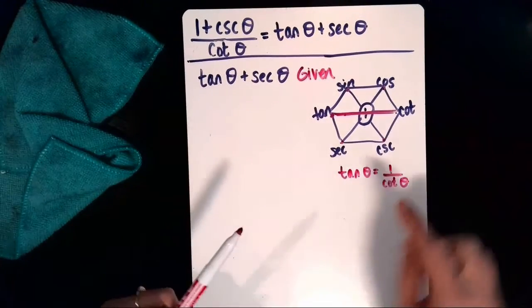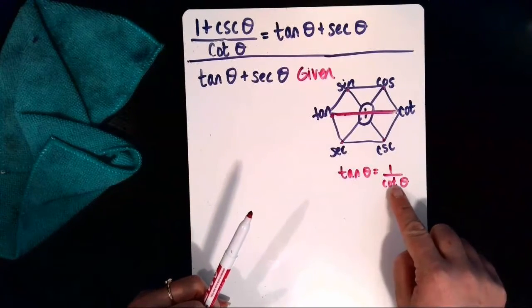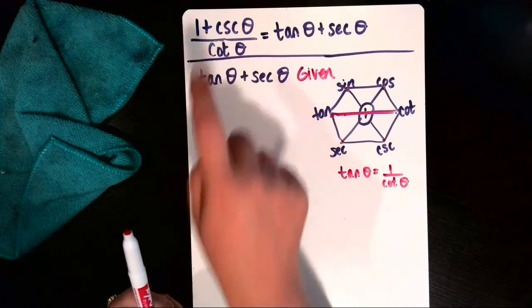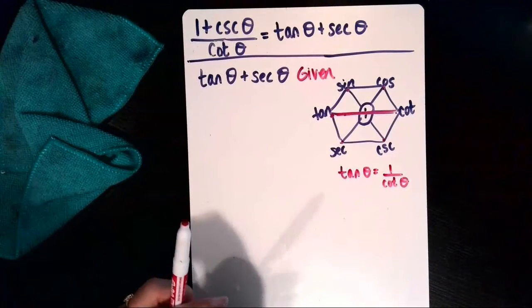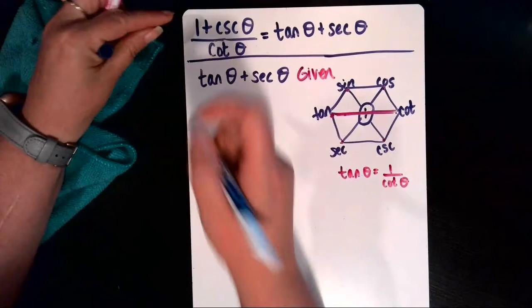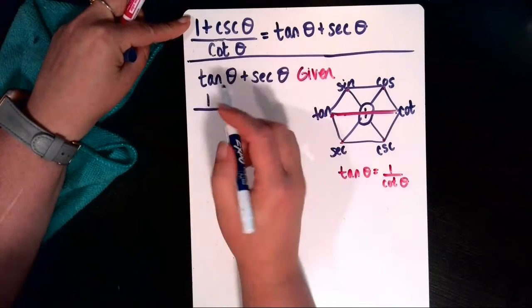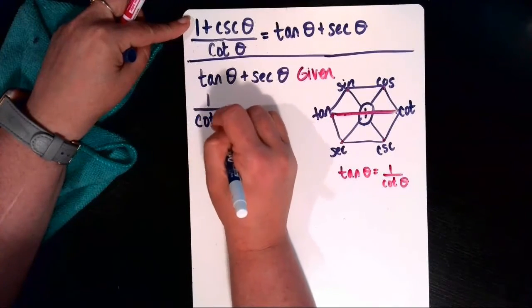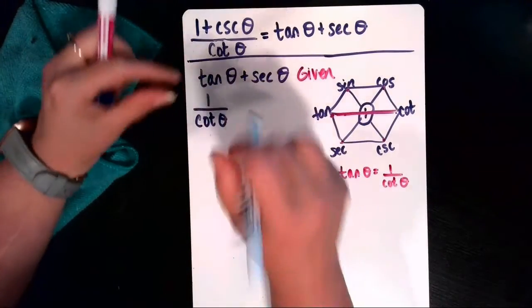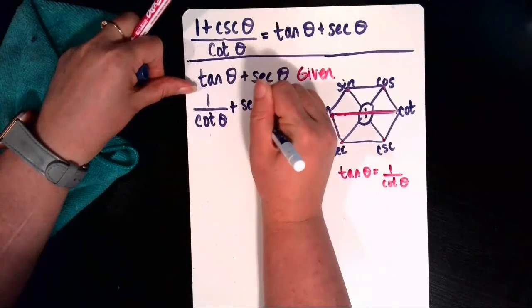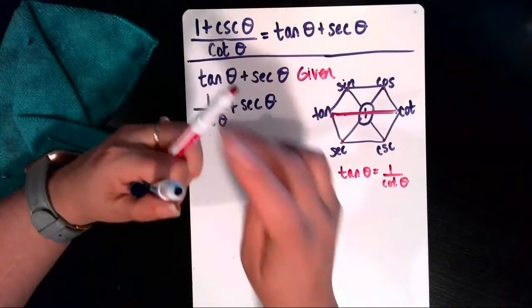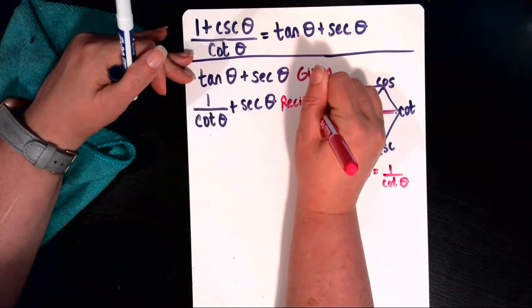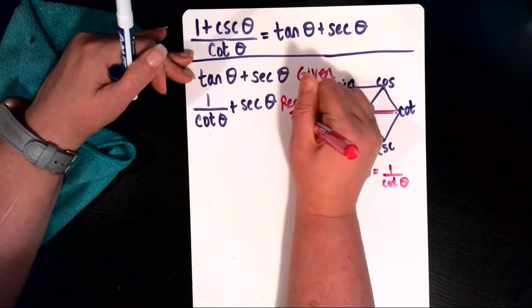That reciprocal identity would get us a cotangent in the denominator, which is what we're looking for in this case. So that's what we'll do for our step number 2. We're going to change tangent of theta into 1 over cotangent of theta, and the reason for that is applying a reciprocal identity.